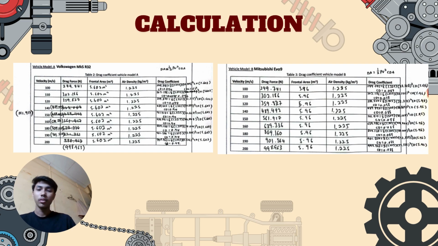For the frontal area, we use the same formula, 75 over 100 times length times width, and we gain 5.96. The density is already given as 1.225. For the drag coefficient, we use the same formula, D equals 1 over 2 rho v squared times Cd times A. The drag coefficient we gain for the Mitsubishi Evo 9 from velocity 100 to 200 is 0.087.